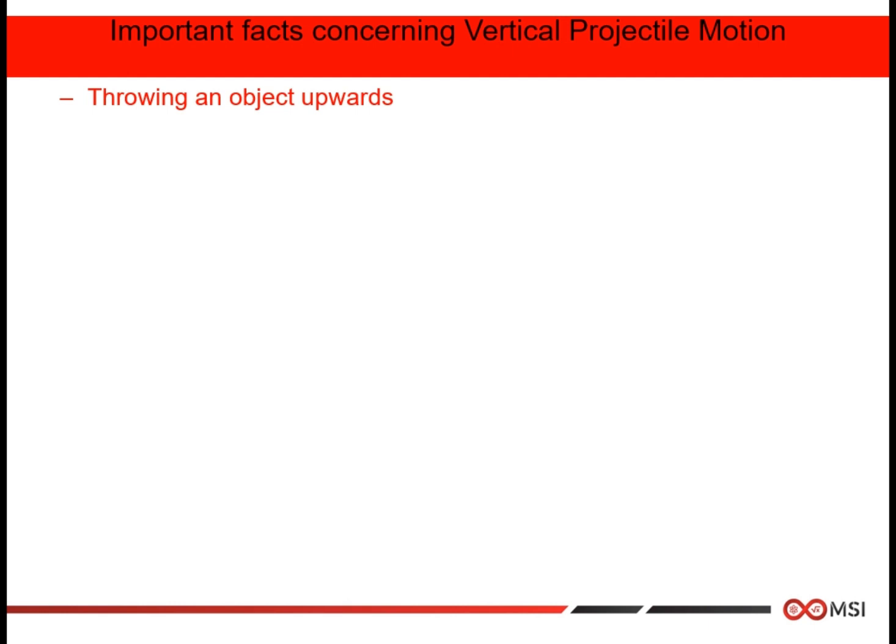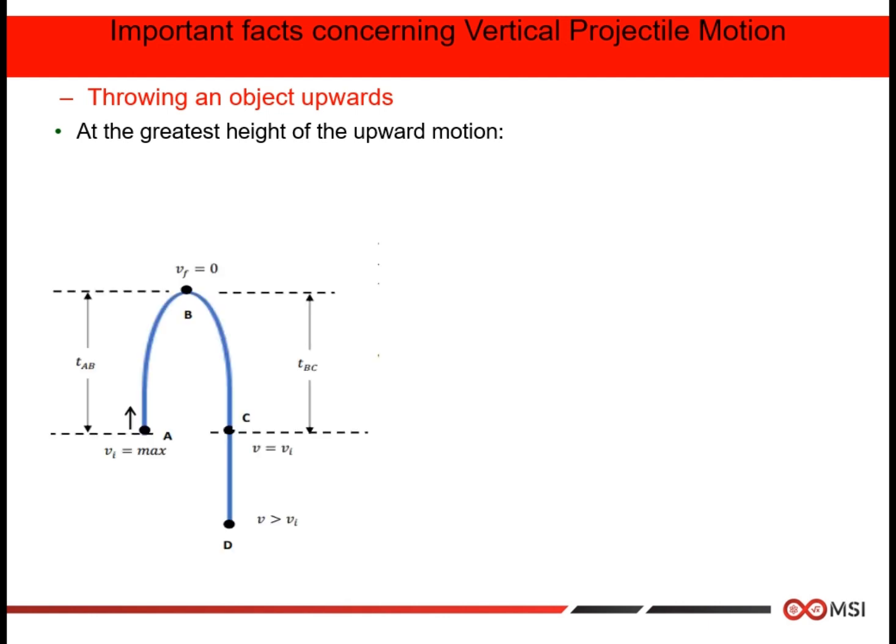When we throw an object upwards, at the highest height of the upward motion, the final velocity is zero, due to the fact that when an object is thrown upwards, it is opposing the motion of gravitational force. While opposing it, it decreases in speed. And when it reaches the highest point, the velocity is equal to zero.